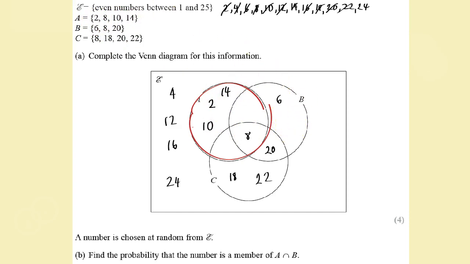I'm going to do the same thing for B. 6, 8 and 20, fab. 8, 18, 20, 22, great. I've got all the members of the sets that I'm wanting. I've got all of the members of the universal set in there, and I've got my 4 marks.